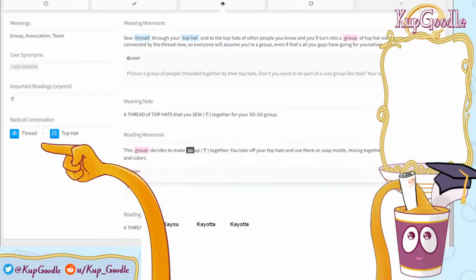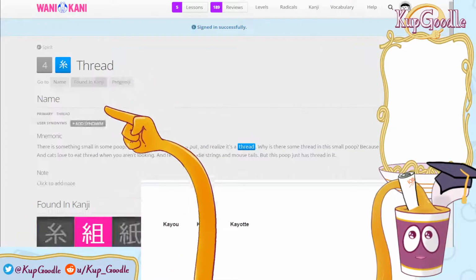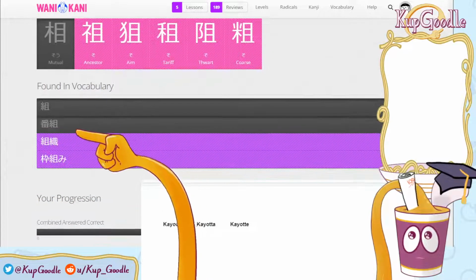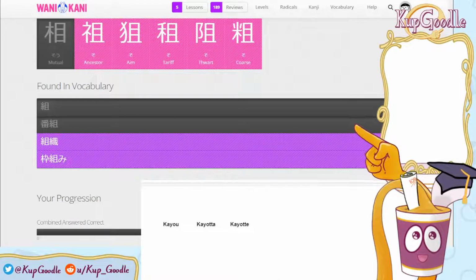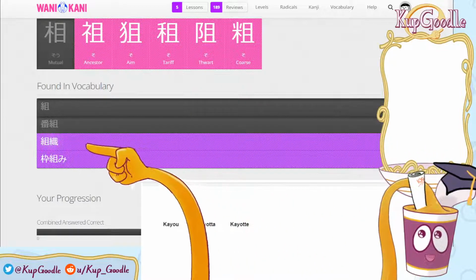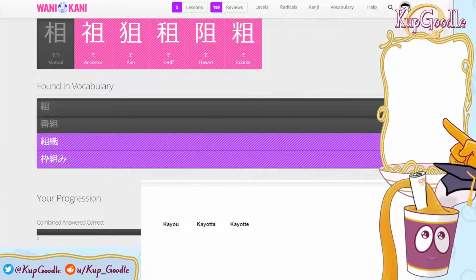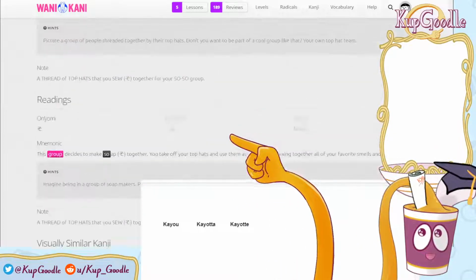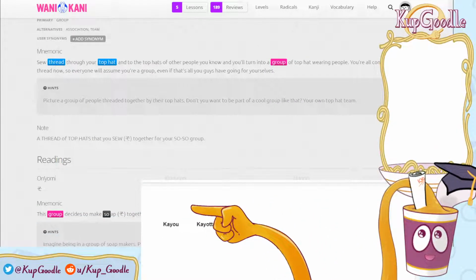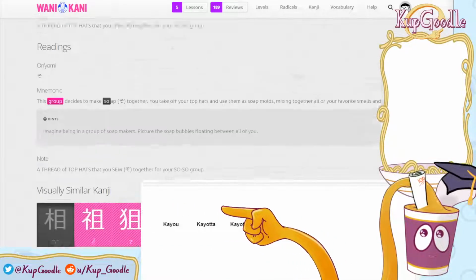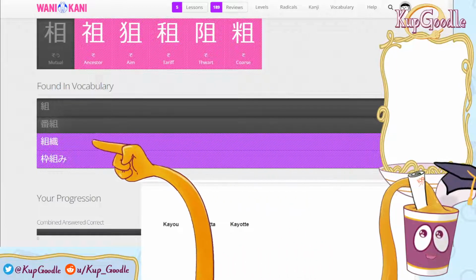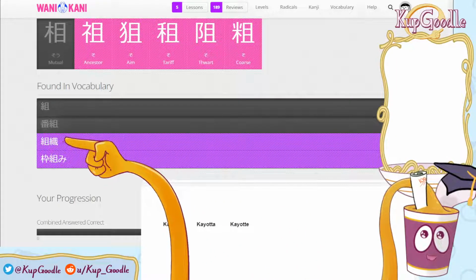What are words? Hold on one sec. I'm gonna look up common words that use it. Groups. Group is kumi or gumi. And this one. Kunyomi wa kumi. Bangumi. Kunyomi.